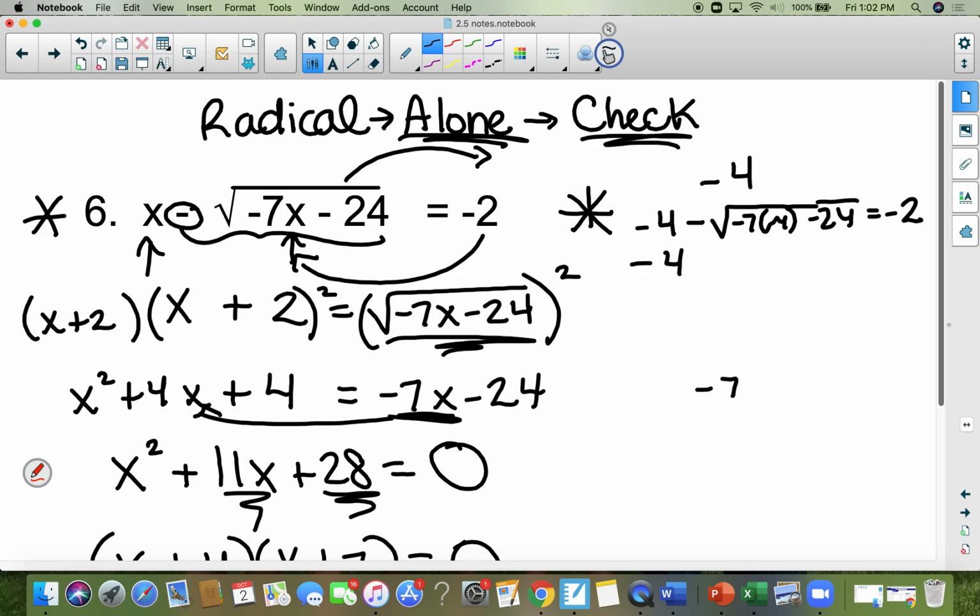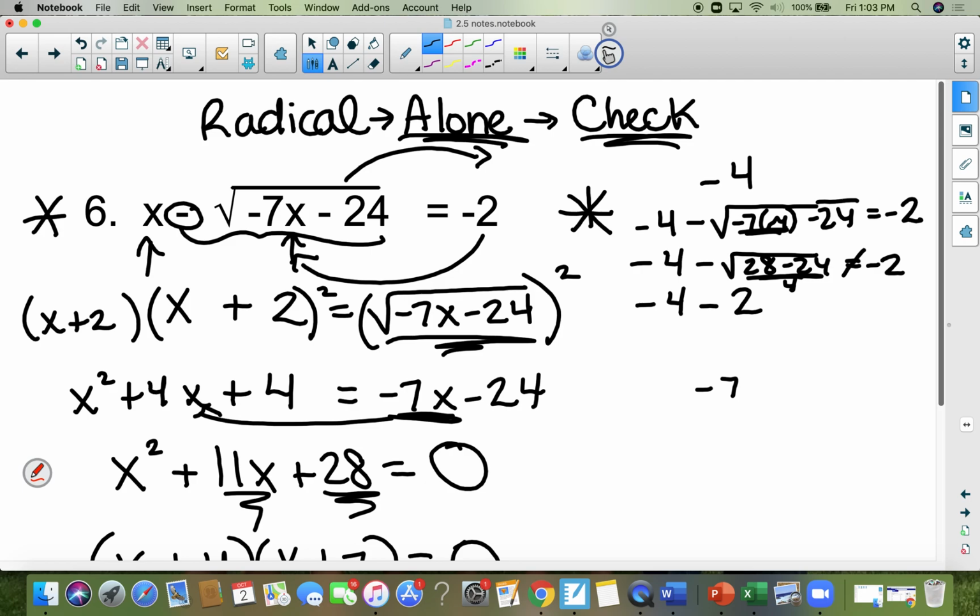A negative 4 minus the square root, this makes 28 minus 24 equals a negative 2. Negative 4 minus 28, take away 24 makes 4. The square root of 4 is 2. A negative 4 and a negative 2 does not make a negative 2. Negative 4 is not one of the answers.